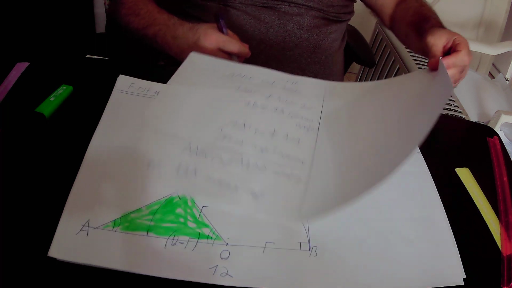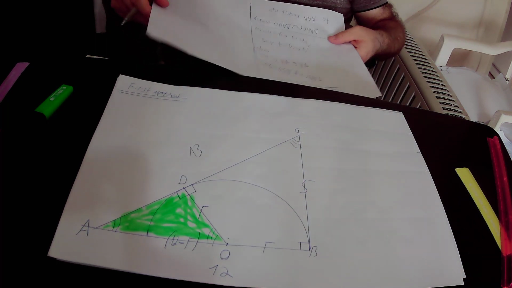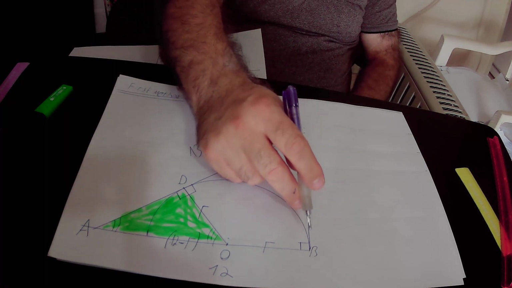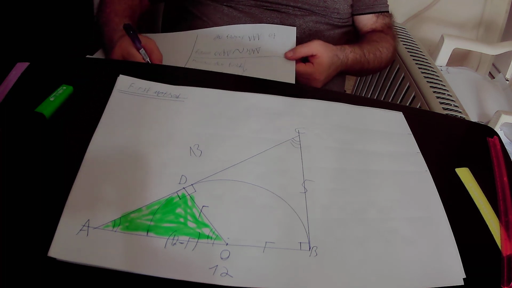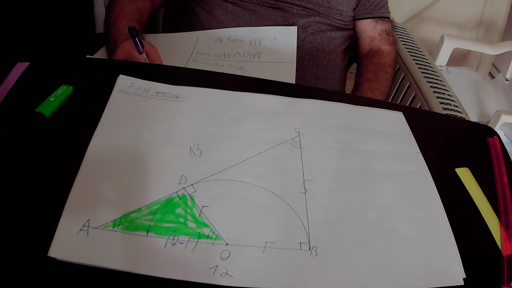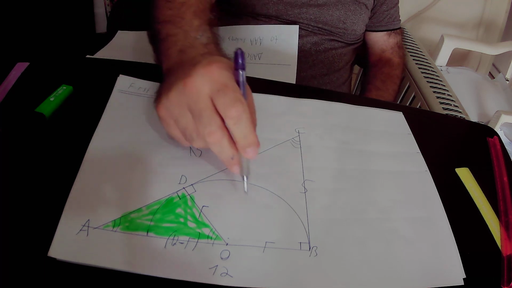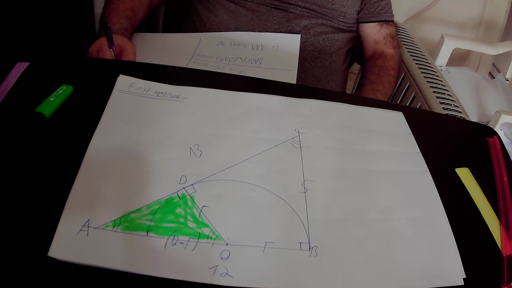And from the fact that triangle ABC is similar to the green triangle, we will conclude that CB over CA in triangle ABC is equal to DO over AO in the green triangle.